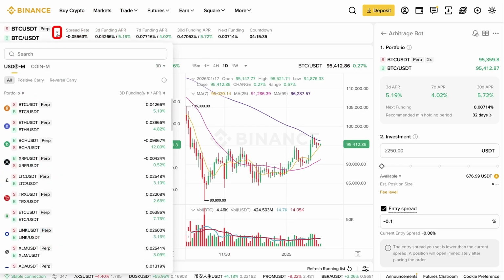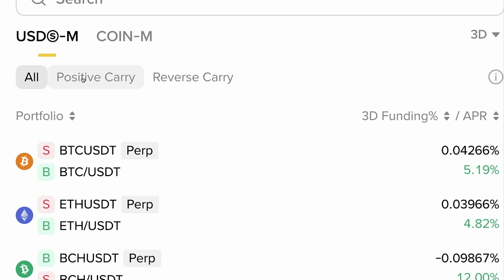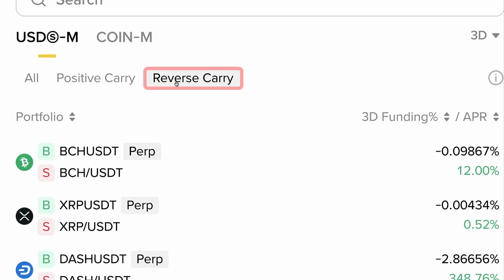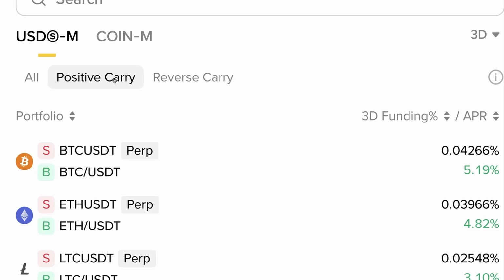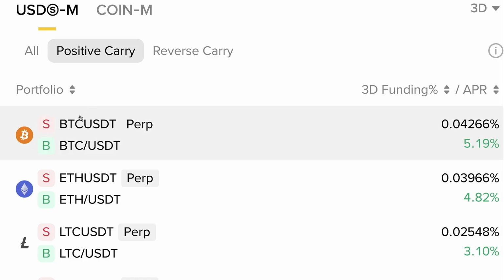First of all, you can choose your trading pair here on the left hand side, and you notice that there are two types of arbitrage bots. There are positive carry and reverse carry arbitrage bots. There is a slight difference between these, because with positive carry you will short the asset on perpetual futures. You can see here S perpetuals, and then you will buy the asset on spot.